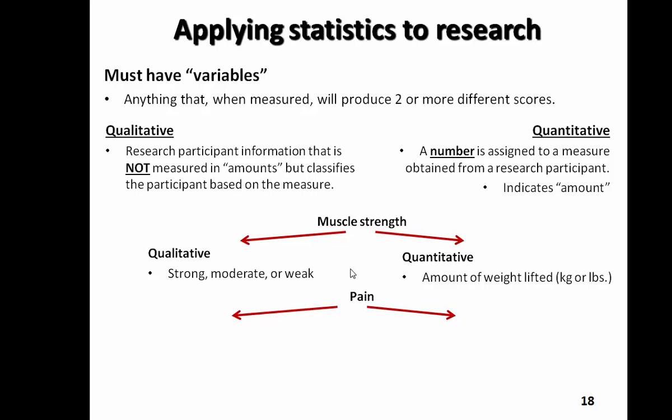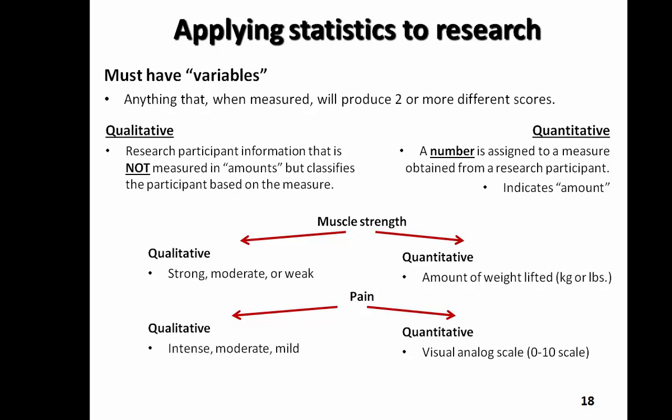Another example is the measurement of pain. Pain can be measured quantitatively using what's called a visual analog scale, which is essentially a line on a piece of paper from 0 to 10, where 0 would indicate no pain, 10 would indicate worst pain experienced, and an individual would put a mark on that line as to where they would feel that pain. And it can also be measured qualitatively as intense, moderate, or mild.